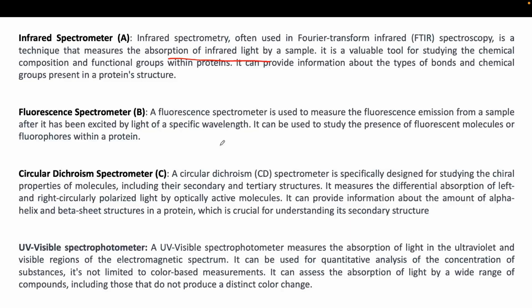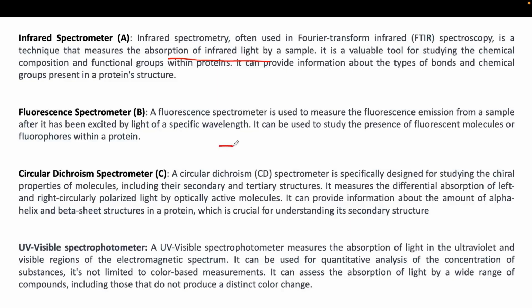And if there is no internal fluorophore in your protein, then you can use a different, artificial fluorophore to find out the properties and conformational changes of the protein. Because if your protein's conformation changes, then the location of your fluorophore molecule will also change.